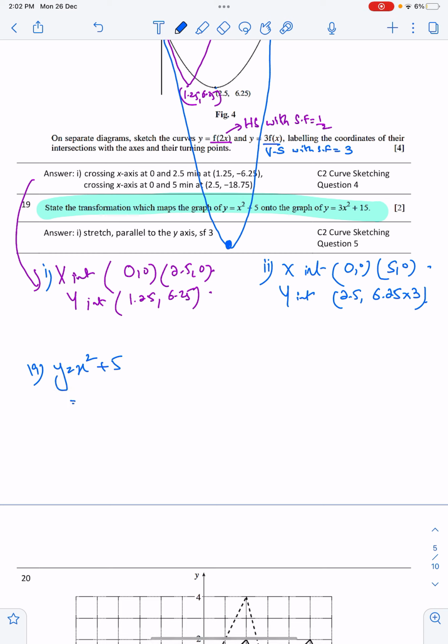Both the terms are being multiplied by 3. That means 3 outside. That means it's actually a vertical stretch with stretch factor 3. So you will say it's a stretch parallel to the y axis, or vertical stretch parallel to the y axis with stretch factor 3.